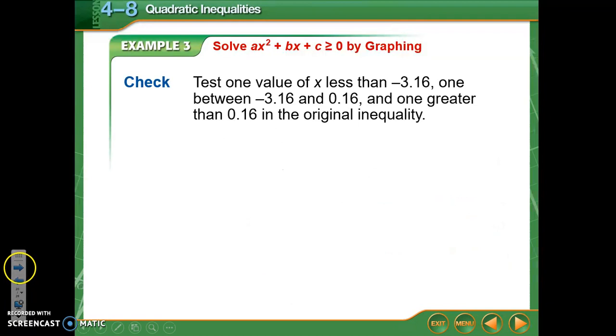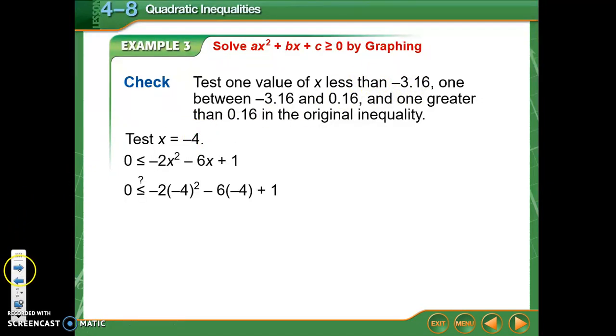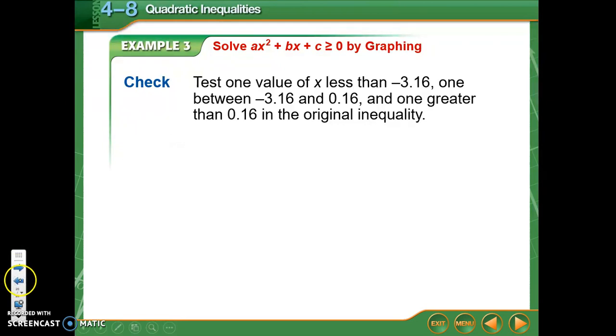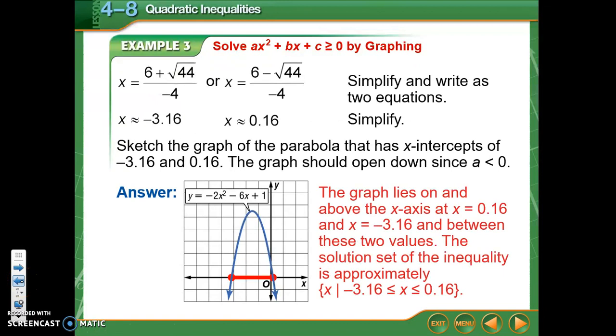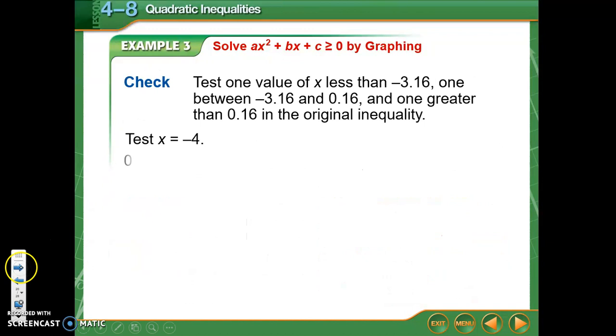And if we test one, we can see if it actually works. So if we test x equals -4, which is below, less than -3.16, if we plug that in, we see that it is false, right? So if we go back to our graph, if I plug in this number down here, it makes my inequality false. So I know it can't be the x values out here. It has to be the x values in between my x-intercepts.